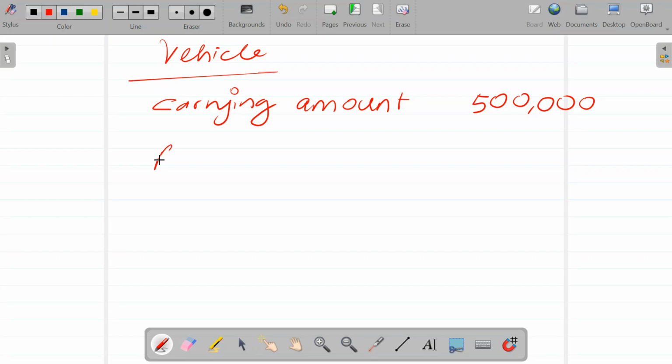But if we sell it, if you decide to sell it, so that's the fair value less cost to sell, we'll get maybe 380,000.